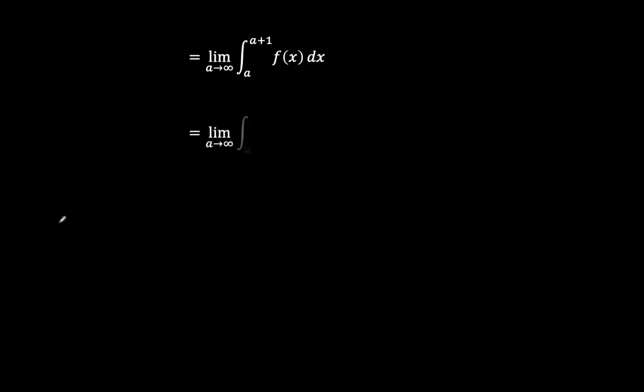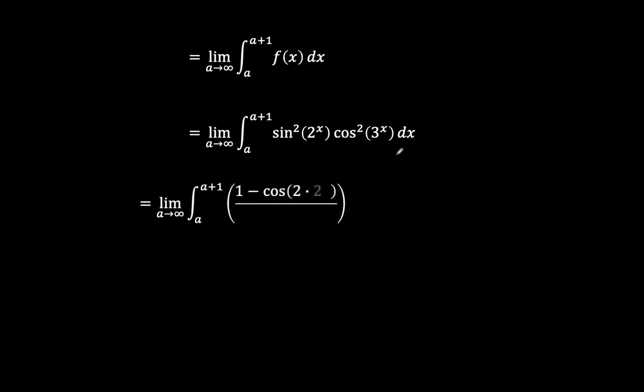Now, we know what f(x) is. f(x) is sine squared 2 to the power x times cosine squared 3 to the power x. We can express that in double angle form by removing the squares. So sine squared 2 to the power x is the same as (1 minus cosine of 2 times 2 to the power x) over 2.